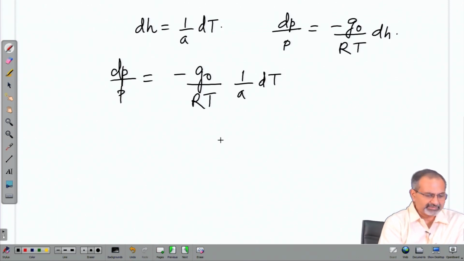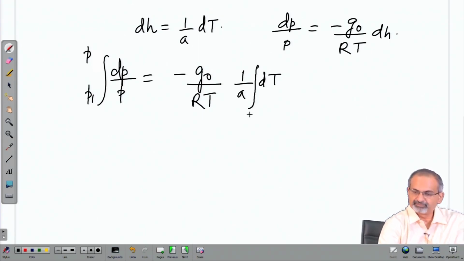Now, you integrate it. When you integrate it, you are going to integrate this between P1 to P, and you are going to integrate this from T1 to T. Okay? Now, remember that this T has to go into the integral.